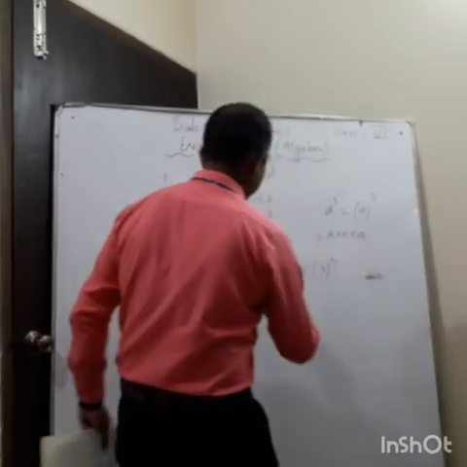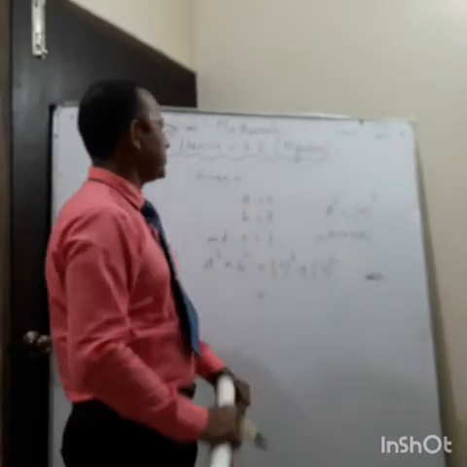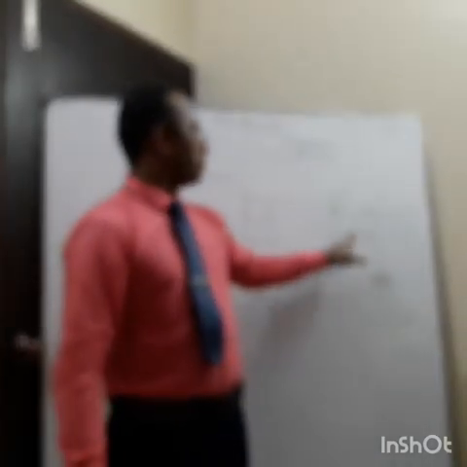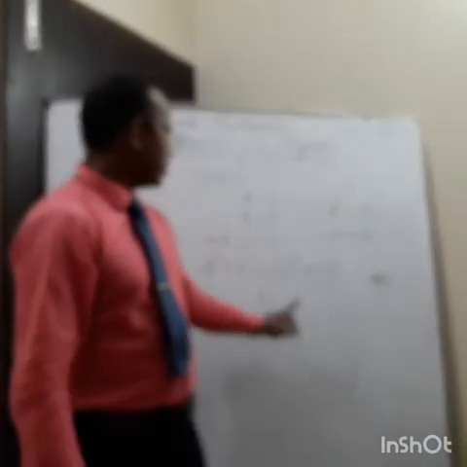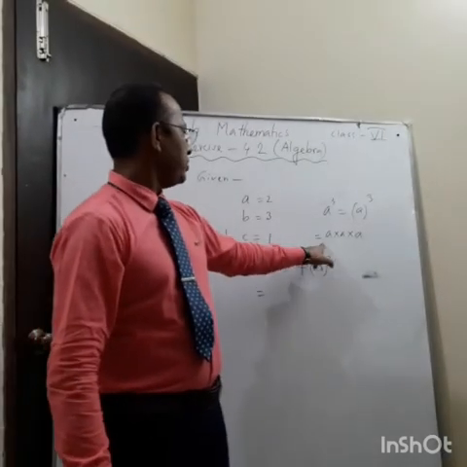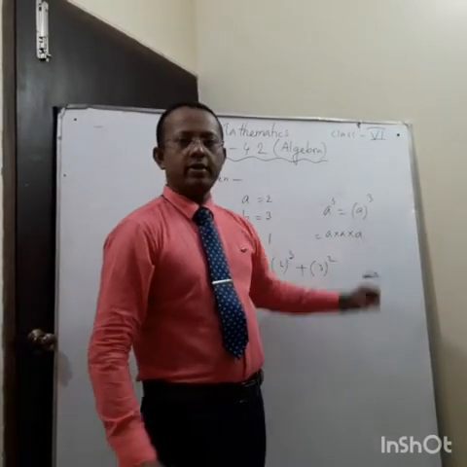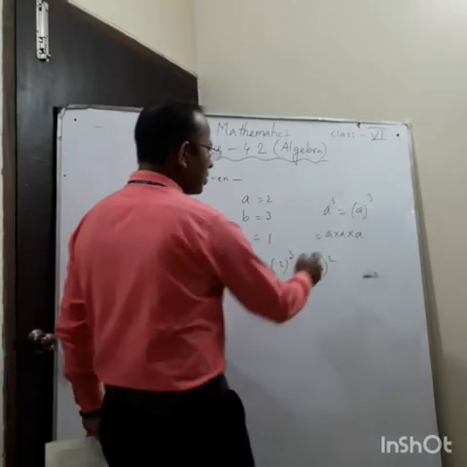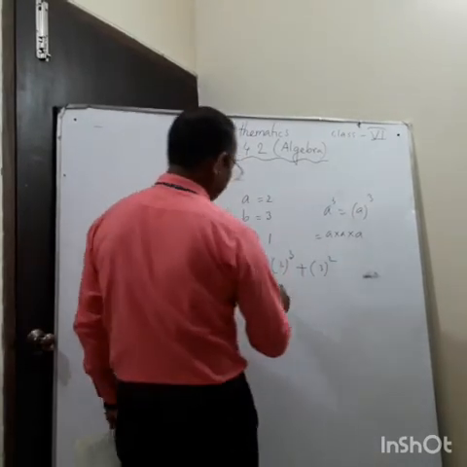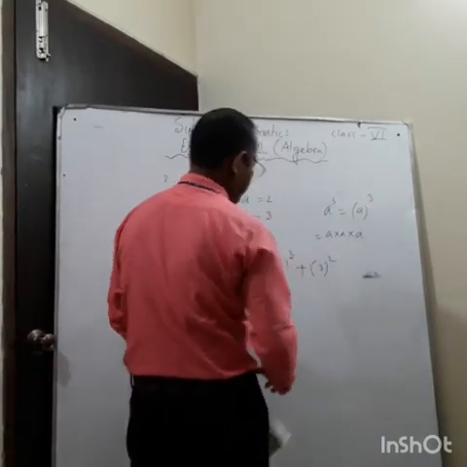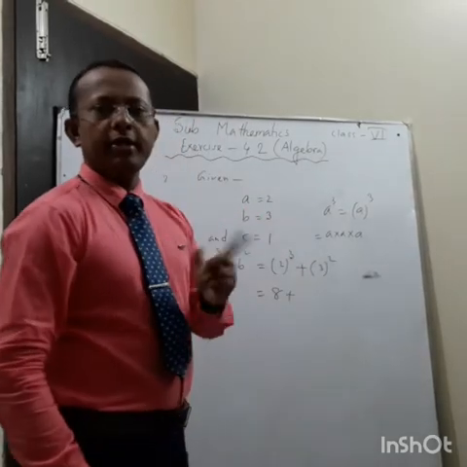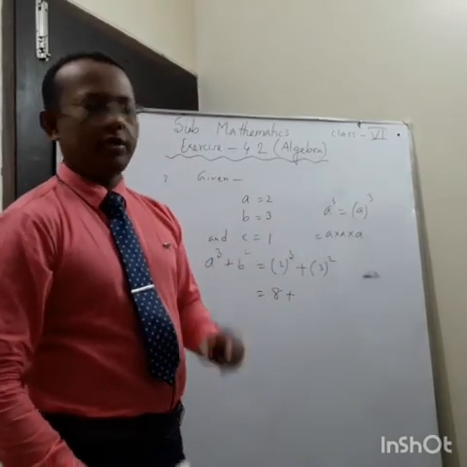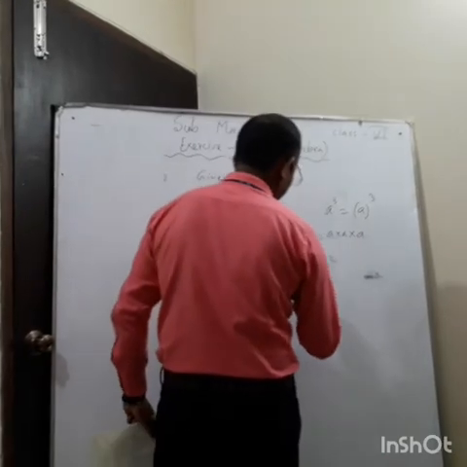Now 2 cube. Since a cube means a into a into a, 2 cube means 2 into 2 into 2, that is 2 fours are 8, plus 3 square. 3 square means 3 into 3, so it will be 9.